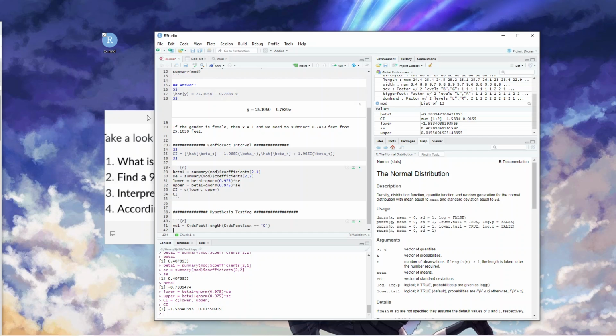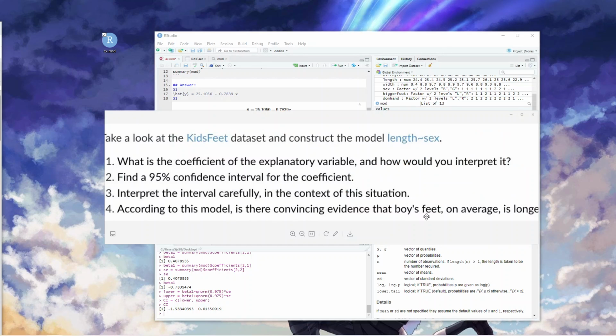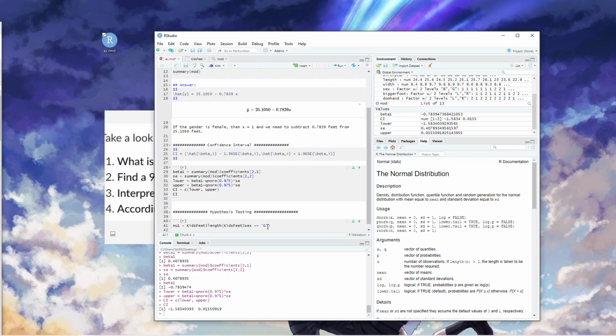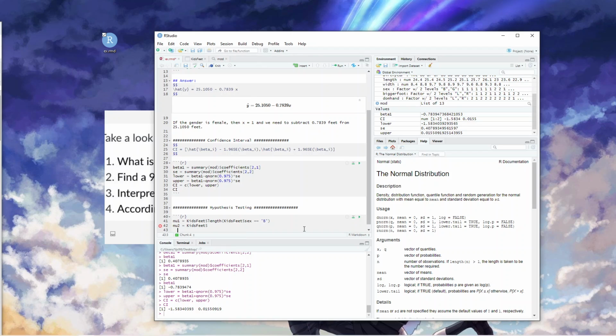And my mu2. Okay, so this test is for boys. Maybe the order doesn't matter, but it makes more sense if I put mu1 as the boys' average heights. So next I need the girls' feet.